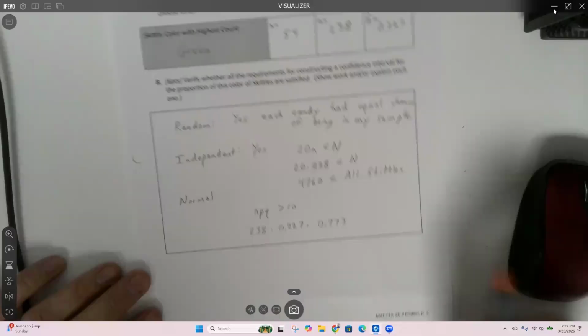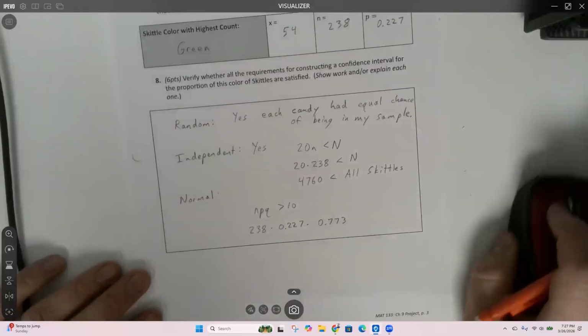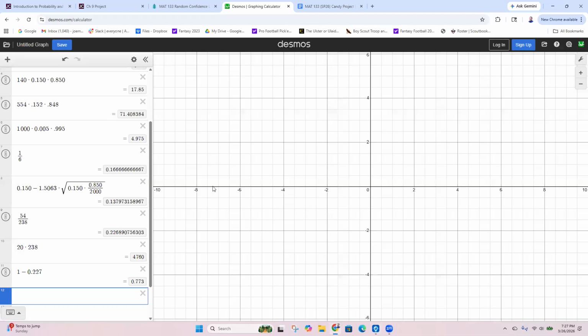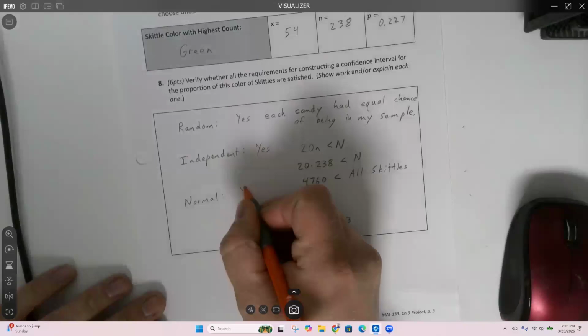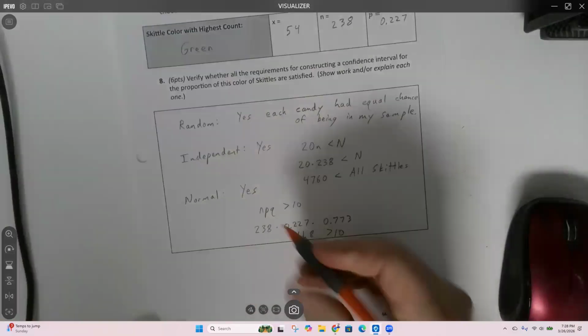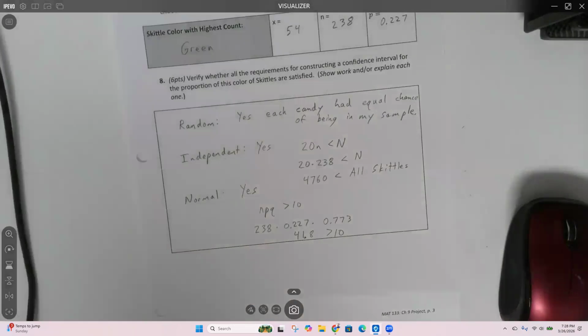So I need to multiply N times P times Q, see what I get. 238 times 0.227 times 0.773. Mine is 41.8, and that is definitely bigger than 10. So I am good. All right. 3 yeses. That means we're good.